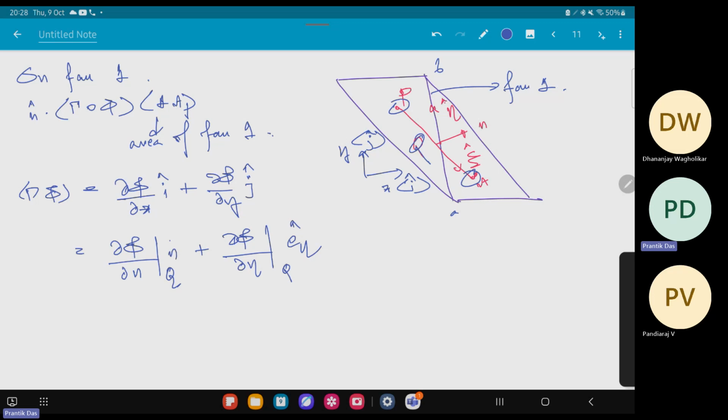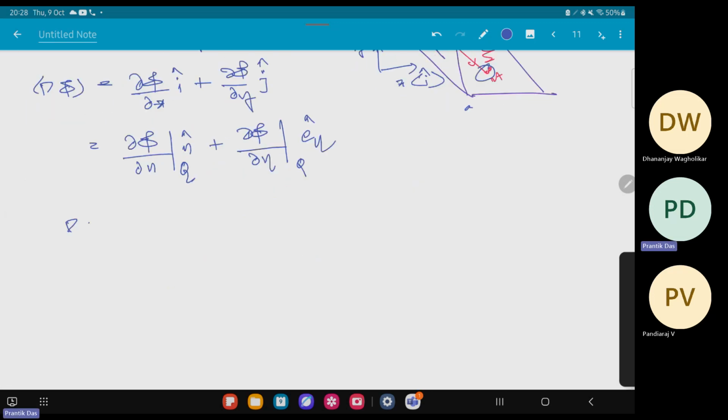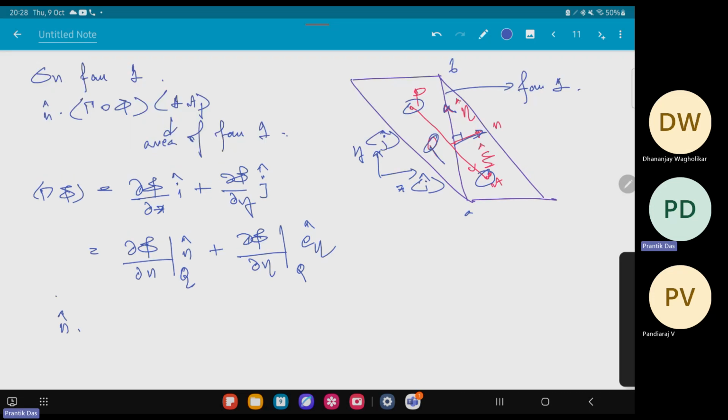So those are mutually perpendicular. So this is your eta and this is your n. So I've expressed it as a function of two orthogonal basis vectors, and then gradient of phi is basically n cap dot gradient of phi. So gradient of phi is basically d phi dn. Okay, is it clear to all of you?